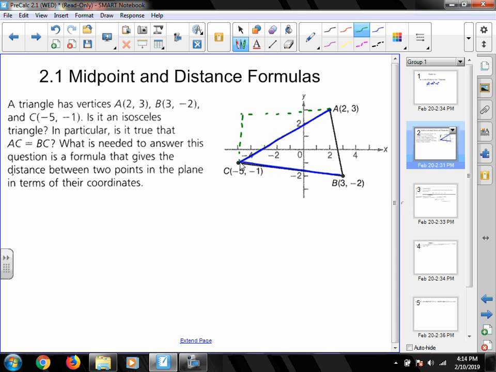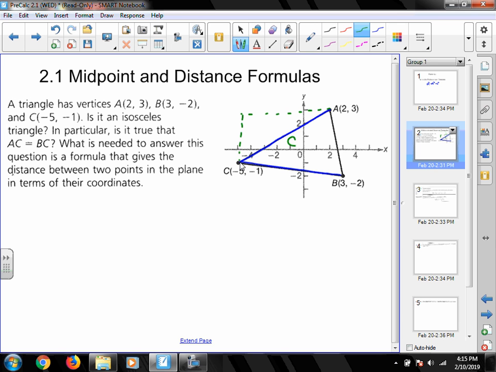We're finding how long each of those sides are with AC being our C value.